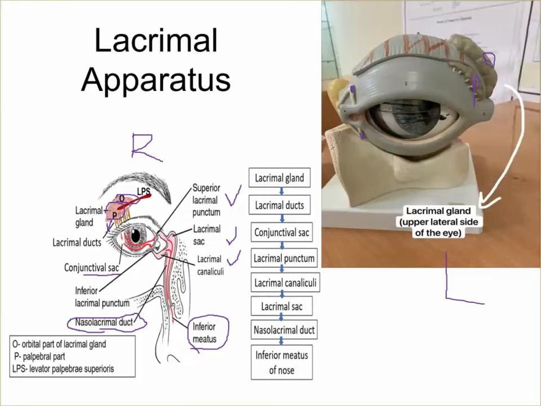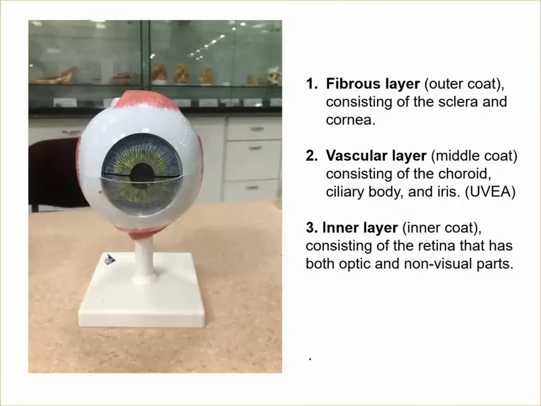So moving on, the eyeball consists of three layers, namely the fibrous layer, which is the outermost layer, the outer coat. Then you have the vascular layer, which is the middle coat, and then the inner layer, which is the inner coat.